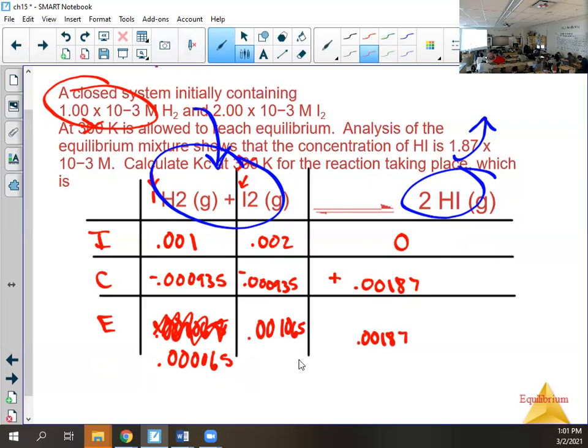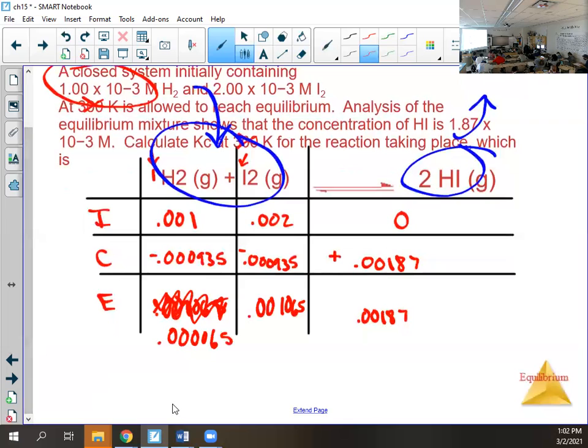Did this one have 3 zeros then? Okay, we're good. Then you have the equilibrium values. You got to make sure you know the equilibrium expression. So this is molarity. So this is Kc equals HI squared over H2 to the first, I2 to the first.